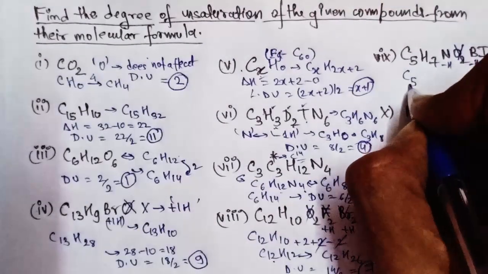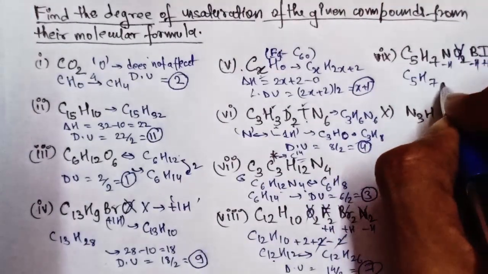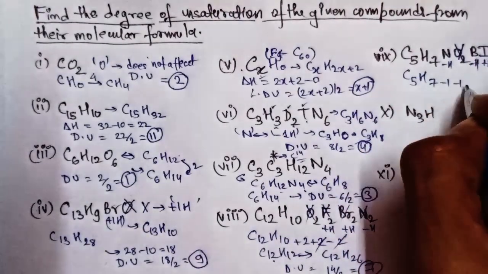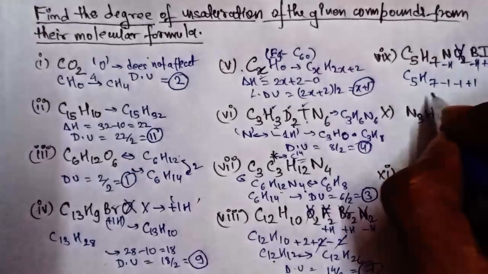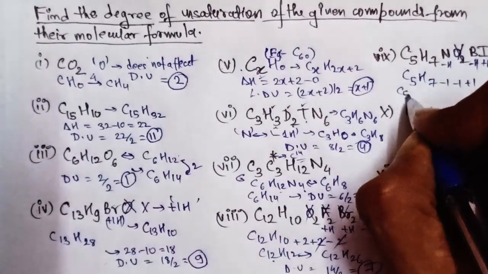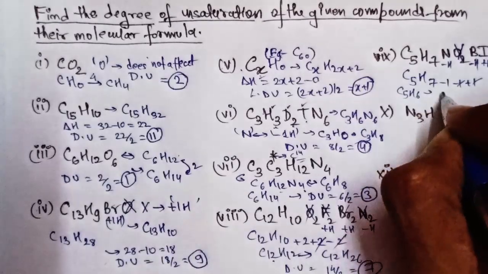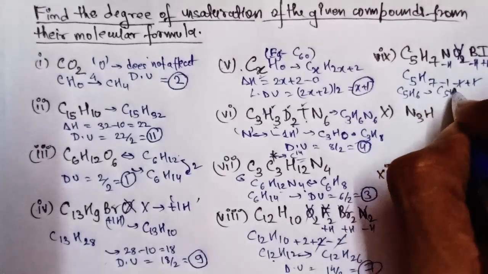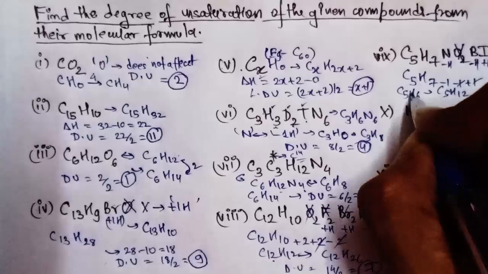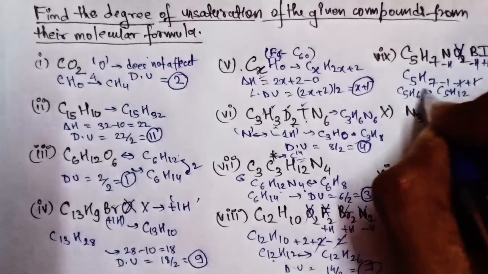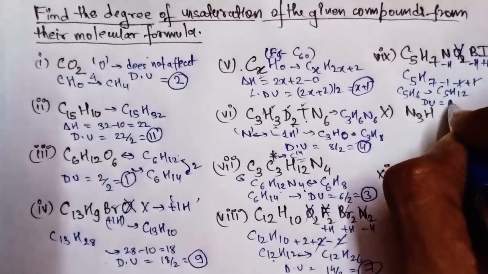Therefore it becomes C5H7 minus 1 for the nitrogen, minus 1 for the boron, and plus 1 for the iodine, making the formula C5H6. For 5 carbons we require a total of 12 hydrogens, making the degree of unsaturation equal to 12 minus 6, that's 6, by 2, 3.